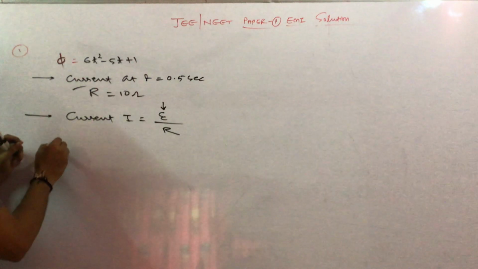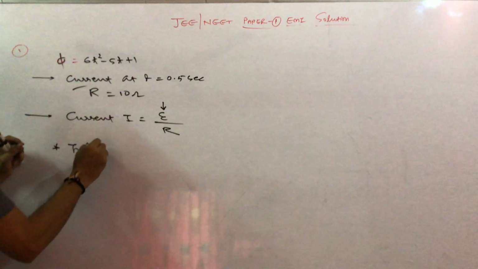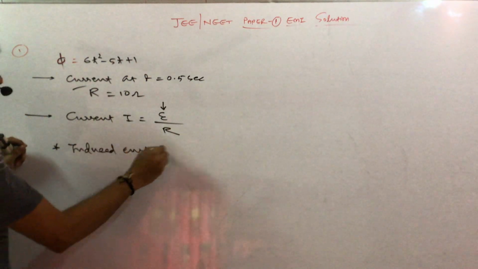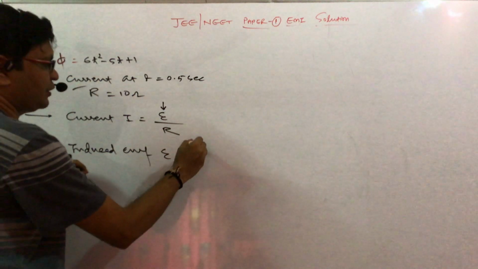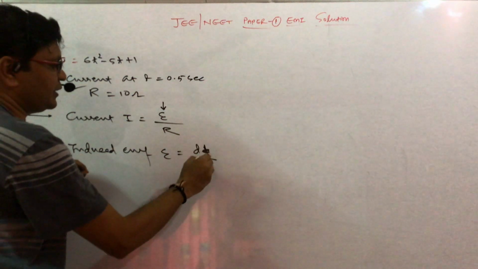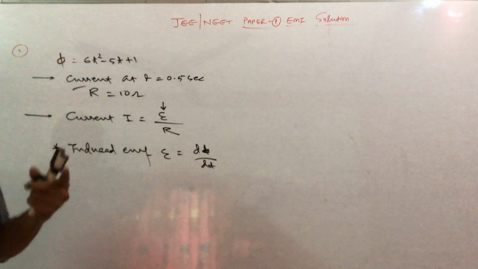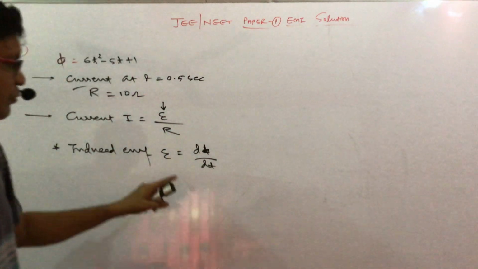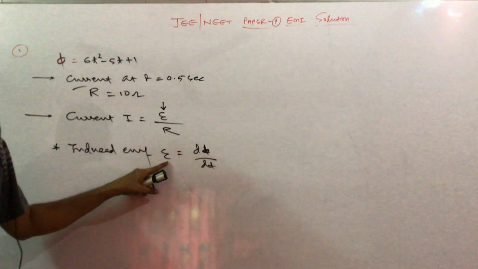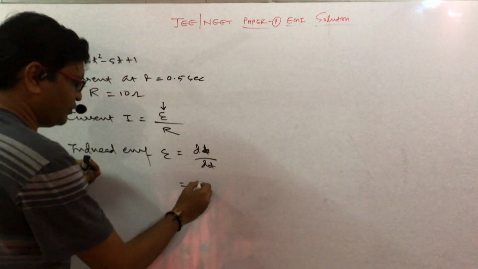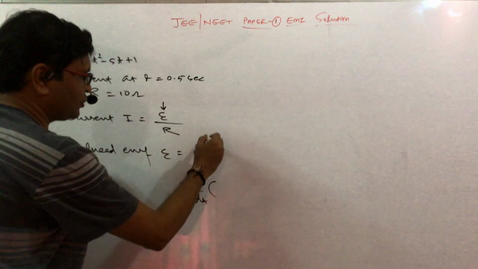What is the formula of induced EMF? So induced EMF epsilon is equal to, you know that very well, d phi by dt, the rate of change of flux, exactly the negative of rate of change of flux, always equal to the magnitude of induced EMF. So friends, now we have to think about differentiation of this flux.